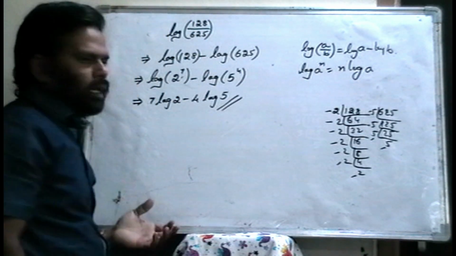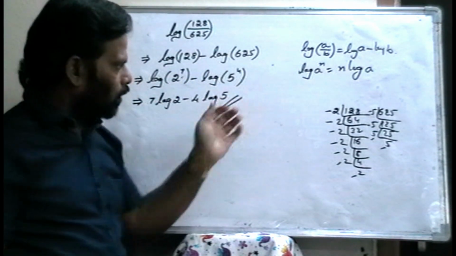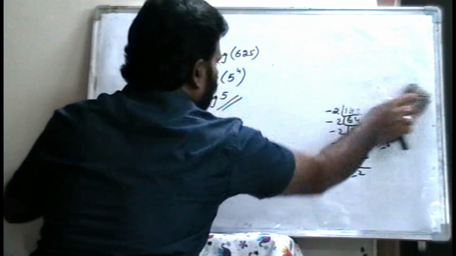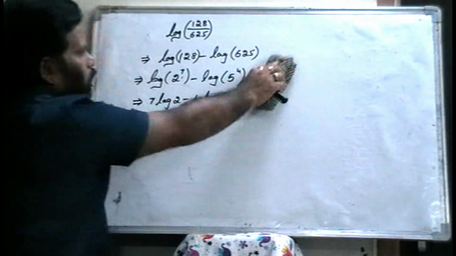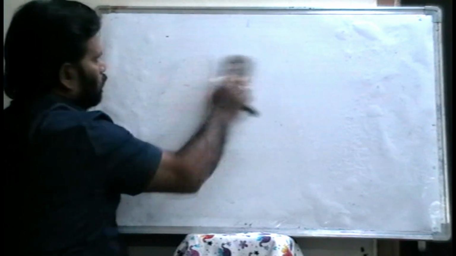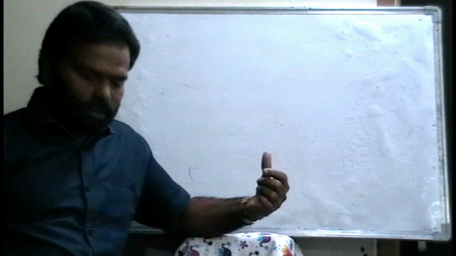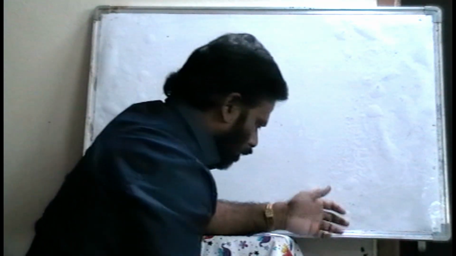So these are the examples of expansion of a single logarithm into multi-logarithms. Now reverse. Suppose we minimize, that means it is given as the sum of 3 or more logarithms.